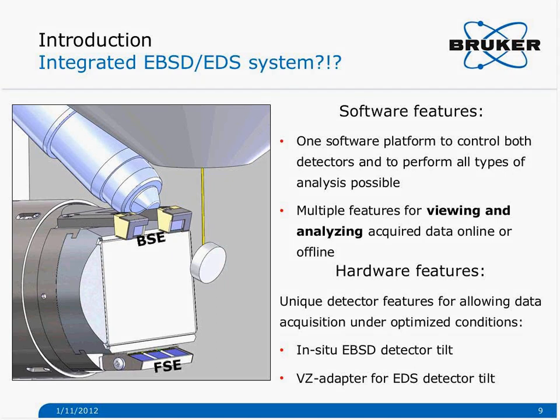Our detectors have this unique capability to tilt around an axis which is outside the SEM chamber, and this tilting option allows both detectors to follow the sample at basically any working distance inside the SEM chamber. In this way you can acquire data sets in optimized conditions.